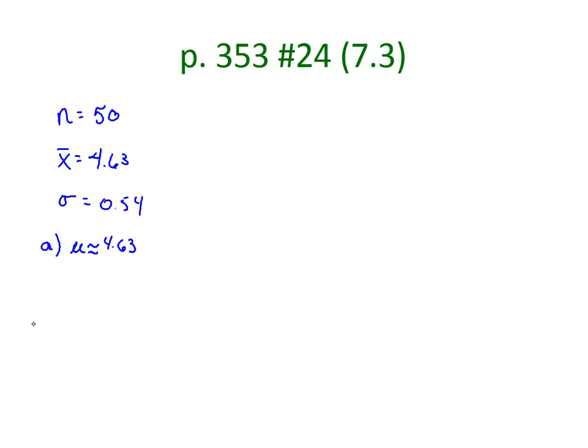So I want to be 99% confident, and I'm wanting to construct my confidence interval, my best interval estimate for the population mean. So that's telling me I'm going to use E equals Z of alpha over 2 times the standard deviation over the square root of N.